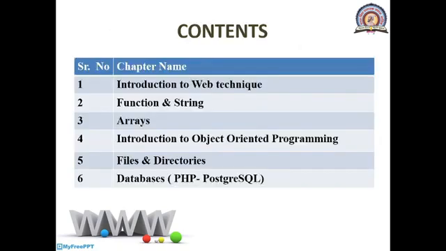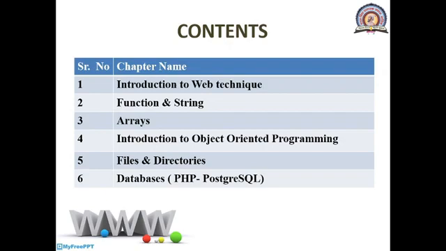This is the content of the syllabus, which contains a total of 6 chapters. The first chapter is Introduction to Web Technique. Here we are going to study a web technique, that is PHP. We are going to be introduced to PHP in this first chapter. All the basic concepts related to PHP, we are going to study here.